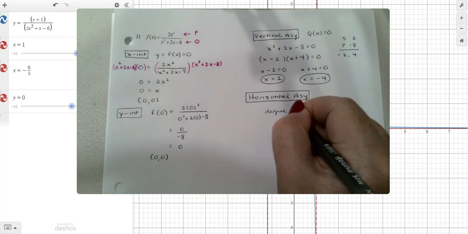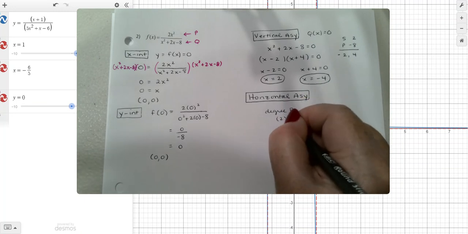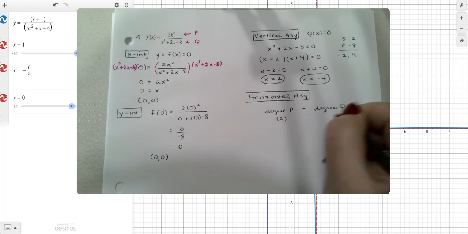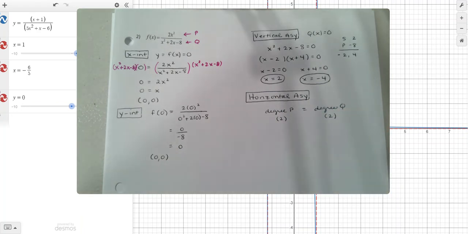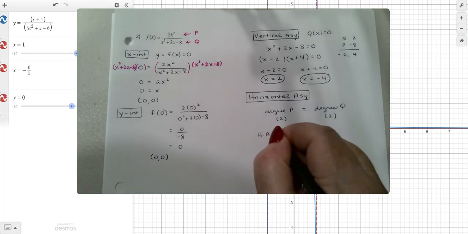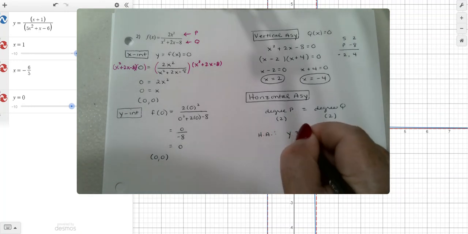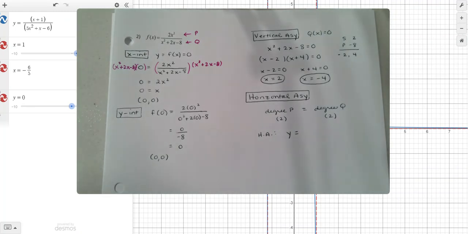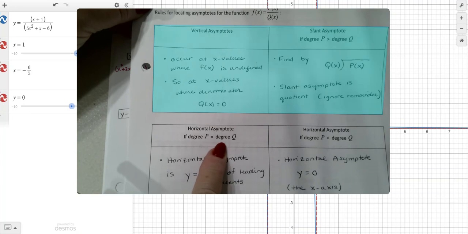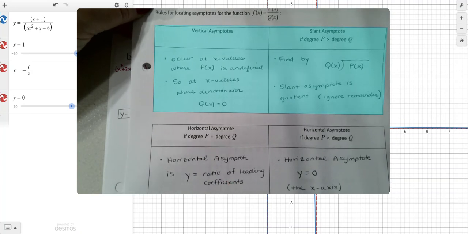The degree of P, which is 2, is equal to the degree of Q, also 2. So my horizontal asymptote is going to be y equals, and when the degrees are equal, y is the ratio of the leading coefficients.